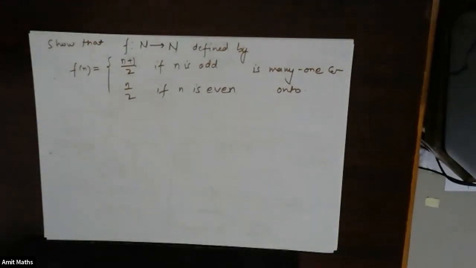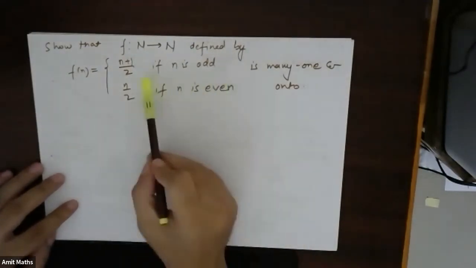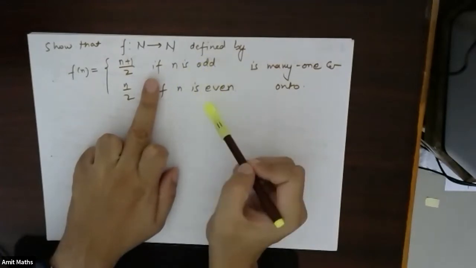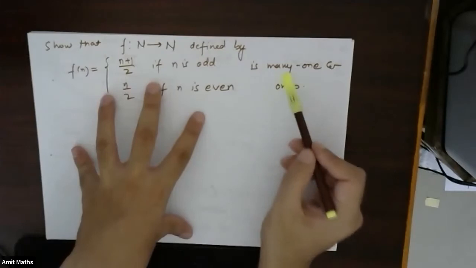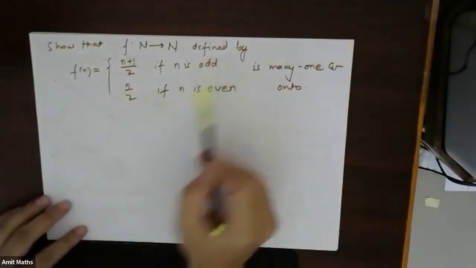Okay, now see, again to solve this question, because the domain is divided into odds and evens, I will solve the many one and onto nature of this mapping using division of the domain.